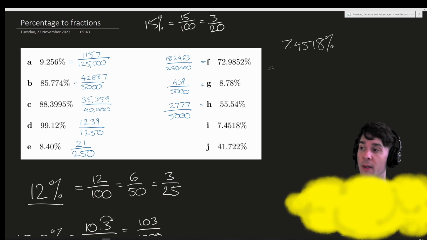7.4518% will be 7.4518 out of 100. To move that decimal places 4 spots out of the way, that means we're going to need to multiply by 10,000. So we're going to get 74,518 over 1 million.